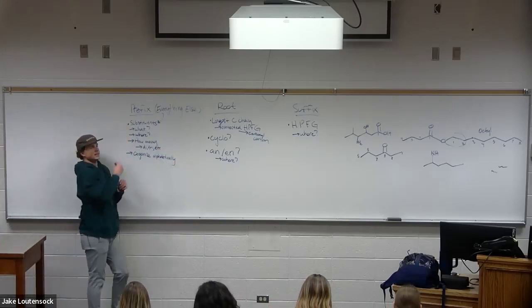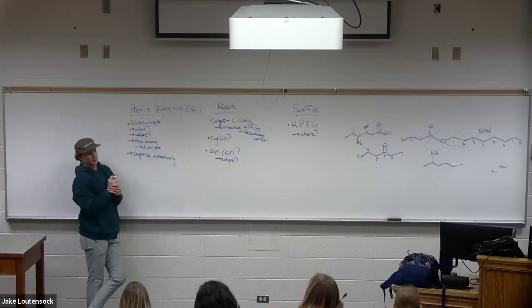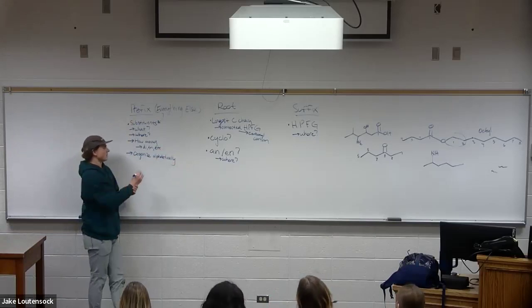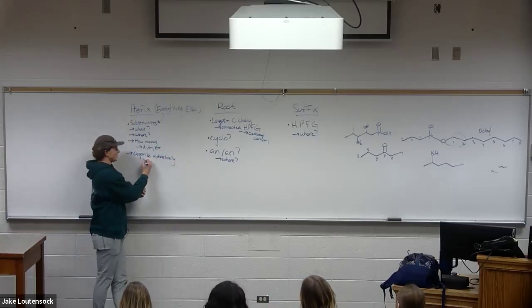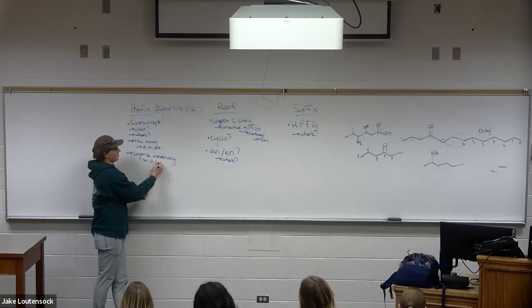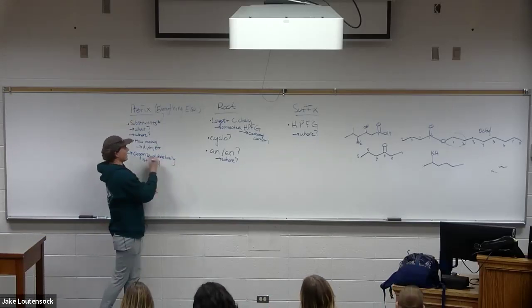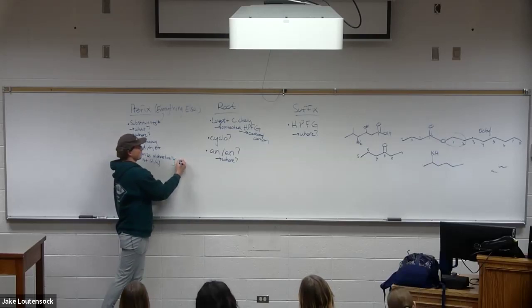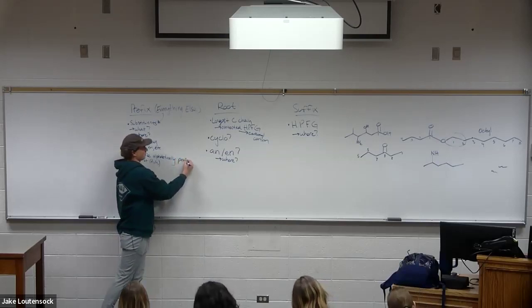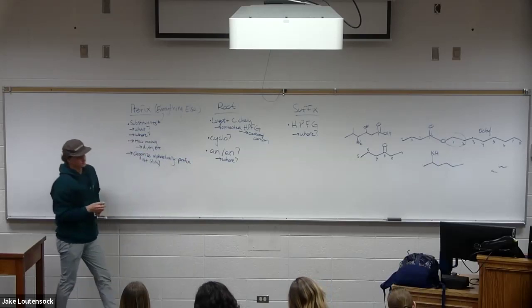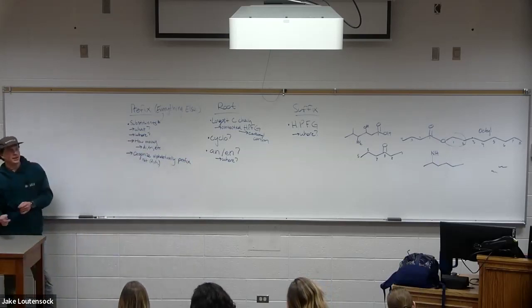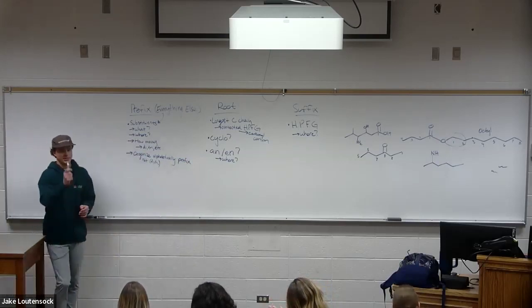So you organize these in your prefix alphabetically, not by the di, tri. You just use the substituent name. You organize it alphabetically by the prefix name on your sheet. Okay, if this feels like a lot, we'll jump into some practice.